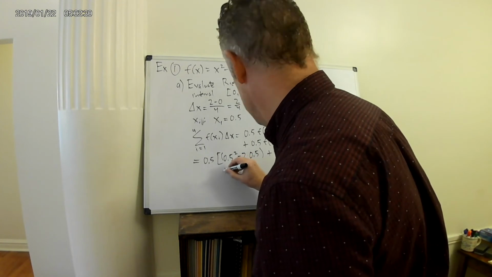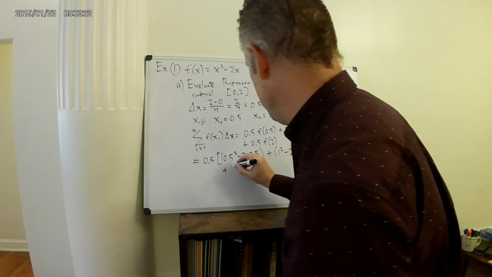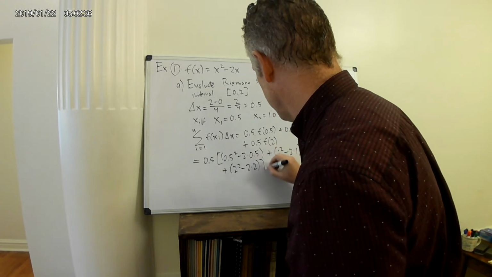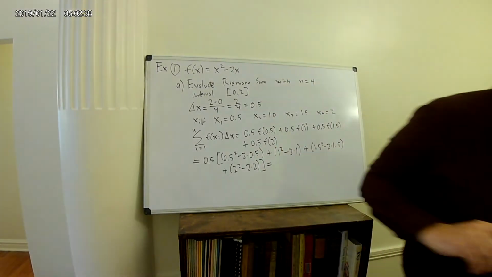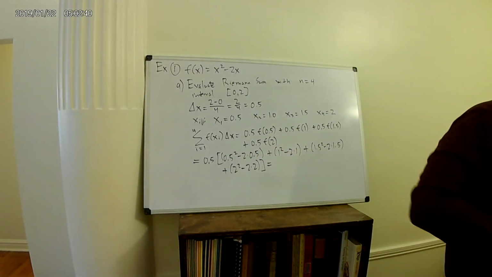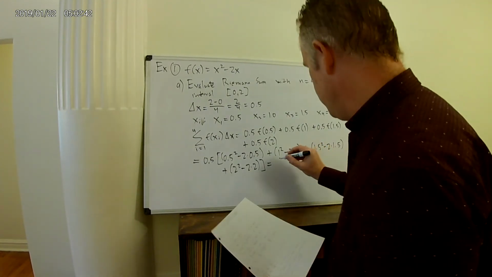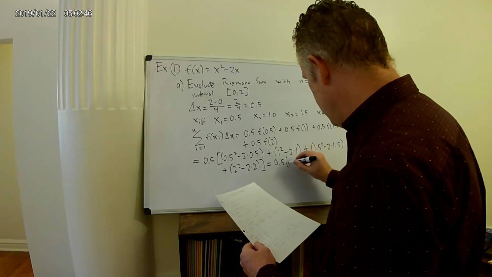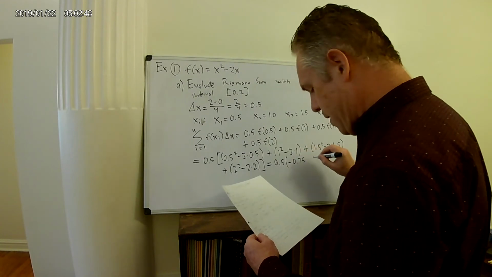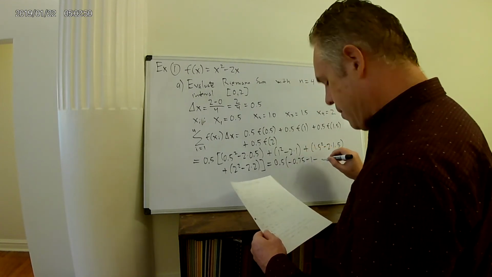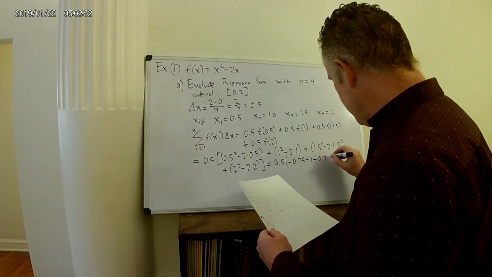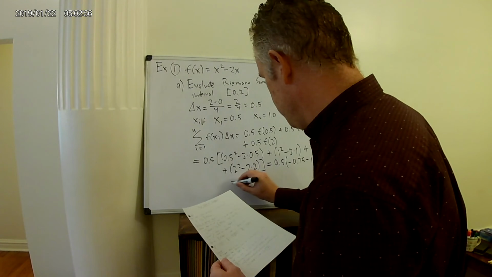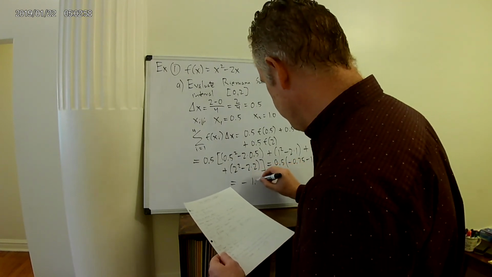Finally, plus f evaluated at 2 is 2 squared minus 2 times 2. And to save you the arithmetic here, or you can check the arithmetic, I should say, this comes out to 0.5 times minus 0.75 minus 1 minus 0.75 plus 0, and this comes out to minus 1.25.